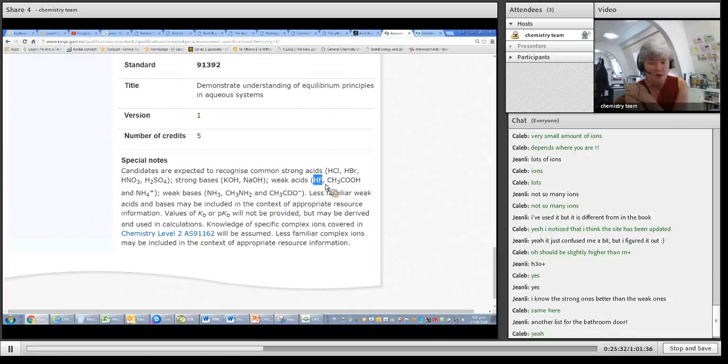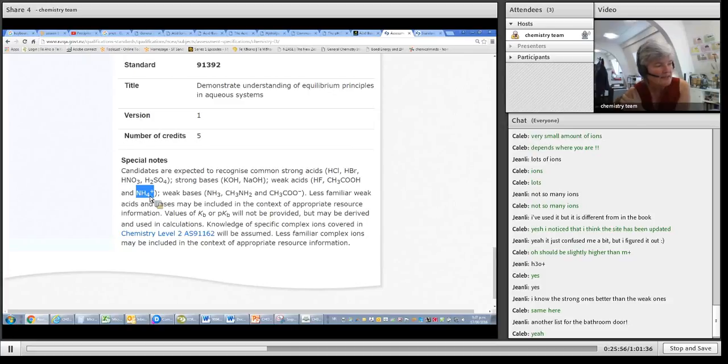Then ethanoic acid and ammonium. If they say ammonium chloride, to me that's a salt, but it did come up in one exam and they wanted weak acid for it because of ammonium. They didn't give you the choice of salts because you had to choose which one. So if you knew your stuff, if salt wasn't there, you would have chosen weak acid.